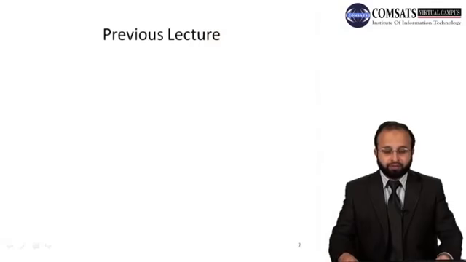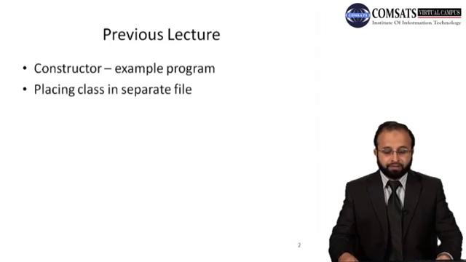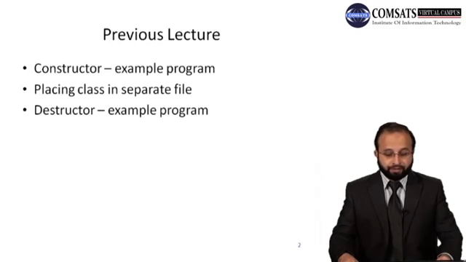In the previous lecture we have seen what is a constructor. I have shown you the example program, placing the class in a separate file and the main function in a separate file, and then creating the object of that class in the main function, and a destructor.